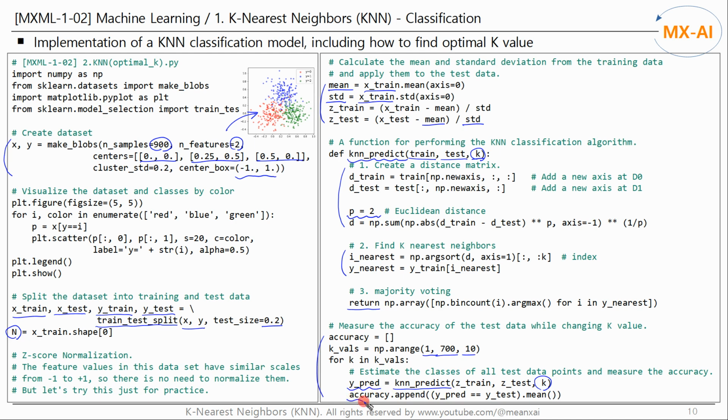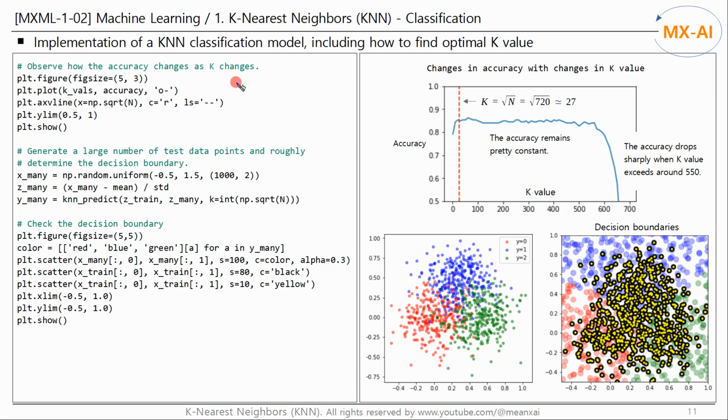Then we compute the accuracy of that model and store it in the accuracy list. Next, let's see how the accuracy changes as k changes. The results are as follows. The x-axis represents each k value, and the y-axis represents the accuracy.